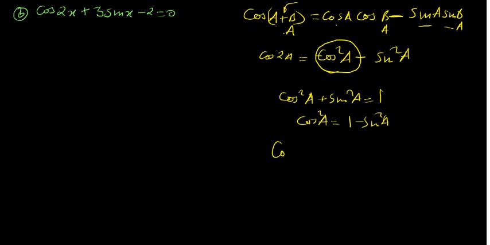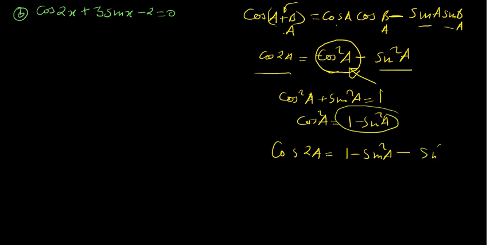So we just pick this cosine 2A, that is going to be equal to 1 minus sine squared A, and then minus, so we've just replaced here with this, and then minus sine squared A again.